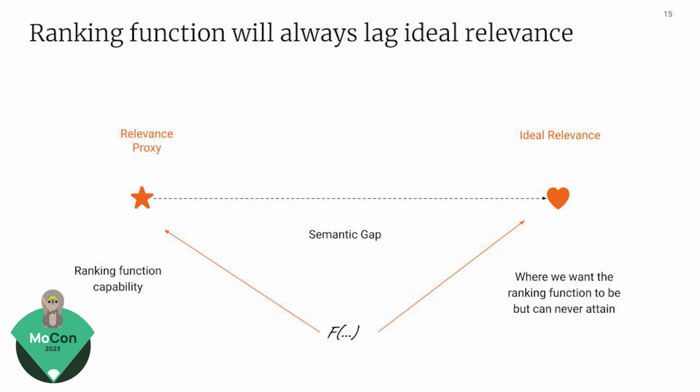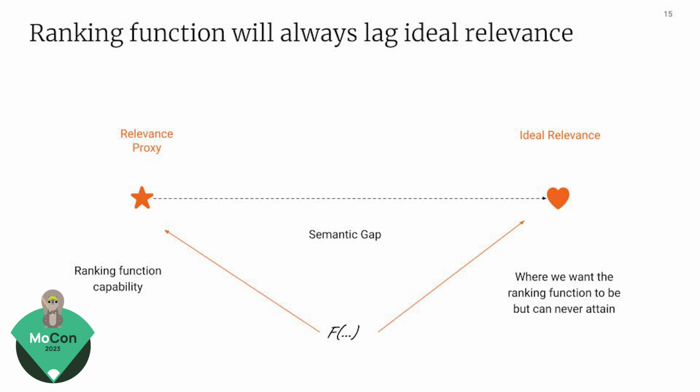So in the whole building blocks approach, we were trying to come up with a ranking function, but the assertion is that the ranking function will always be trailing the ideal ranking function, and the ideal ranking function is unknowable. The only one who would know it is an oracle who knows all of the information.